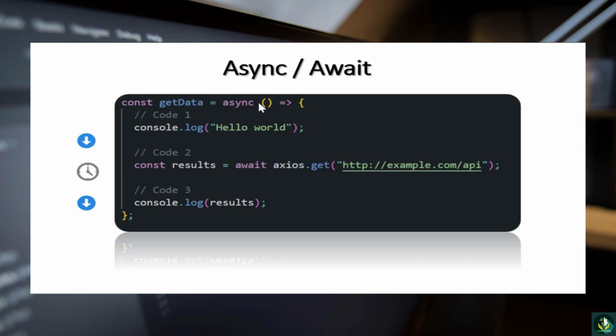And by using the asynchronous function instead of a regular function, you will be able to access the await statement. This await statement will make sure that without completion of this code block where the await is used, the code block below it will not execute. And this whole method is called promise because code 3 promises to code 2 that it will wait for the execution. So the name promise.